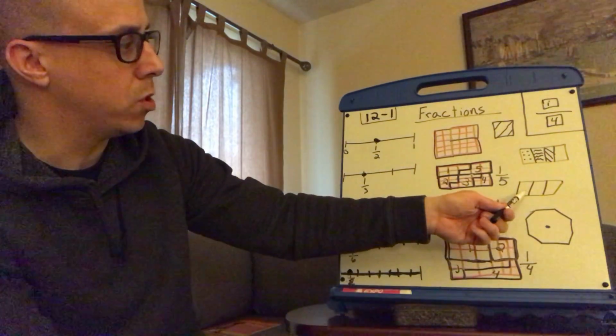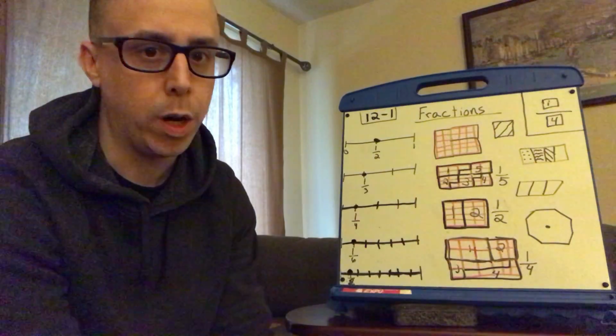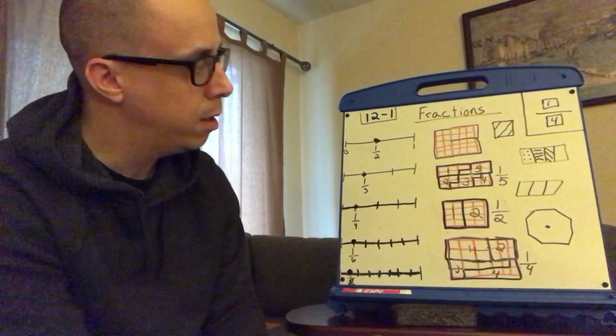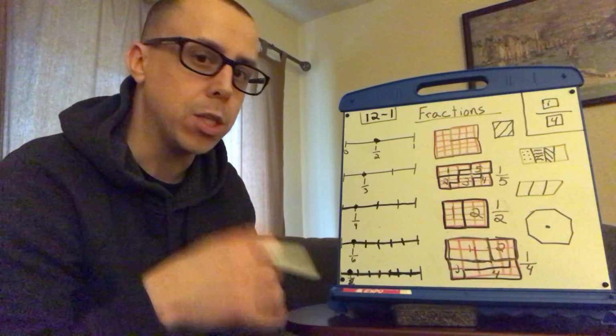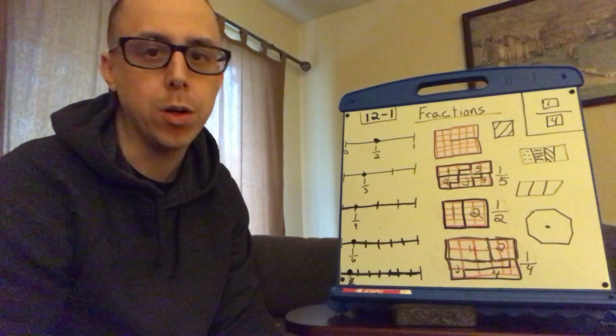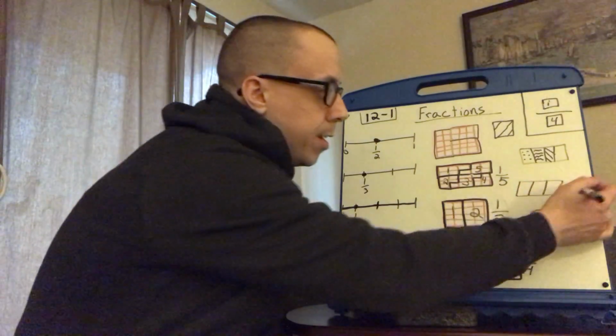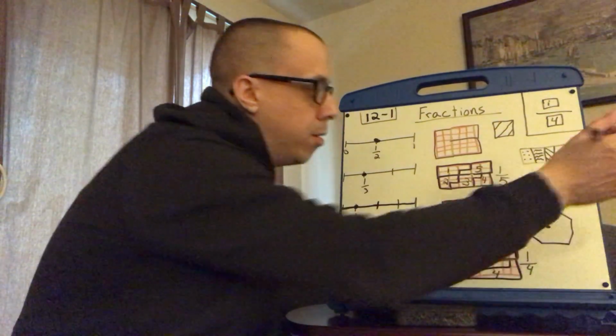Here, it might just say what is the unit fraction for this shape. We see that it's 1, 2, 3. So again, unit fractions are one part of the whole. So the unit fraction here would be 1/3.